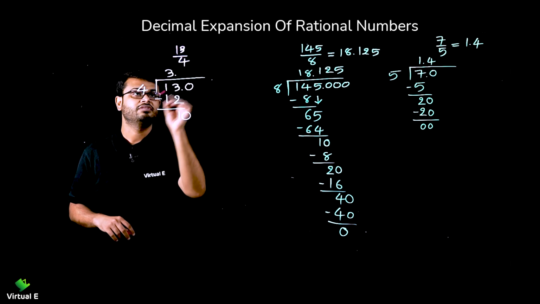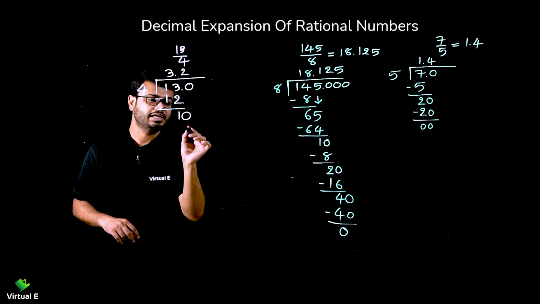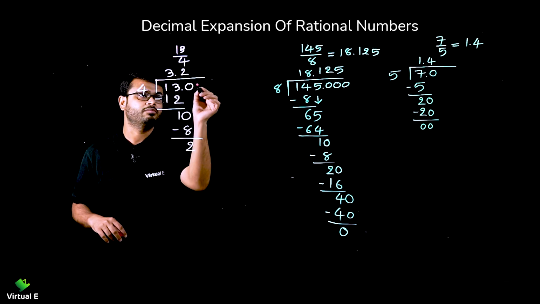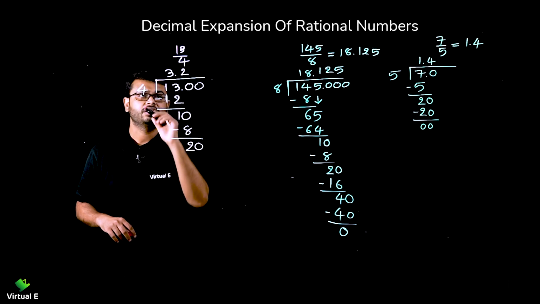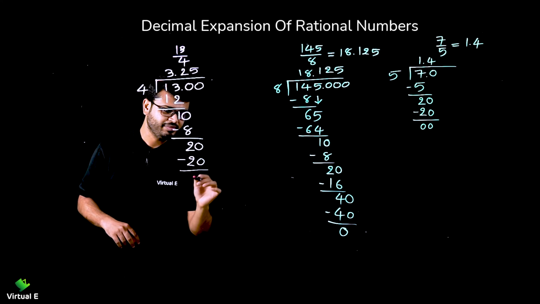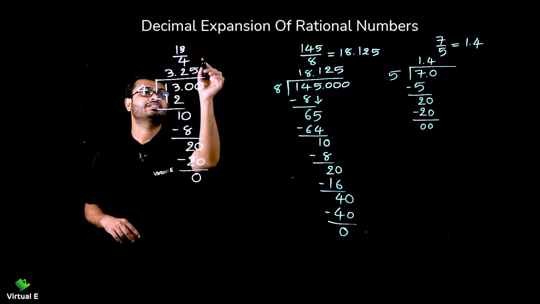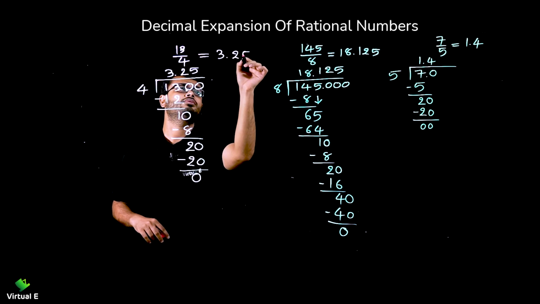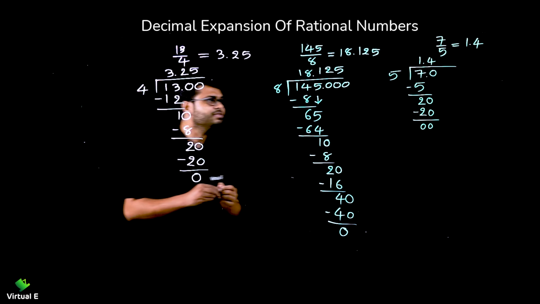So 10. 4 2s are 8, minus and 2 as the remainder. Let's borrow one more 0. 4 5s are 20. So we get the remainder 0. Done. So what is the decimal expansion? That is 3.25.